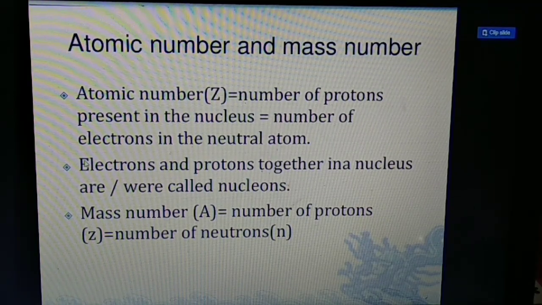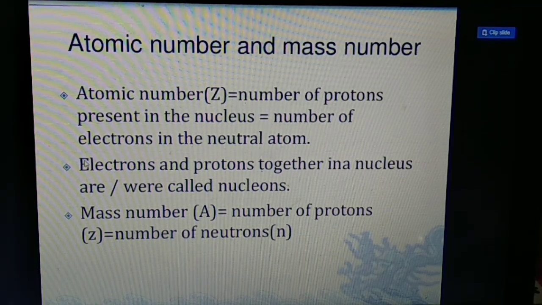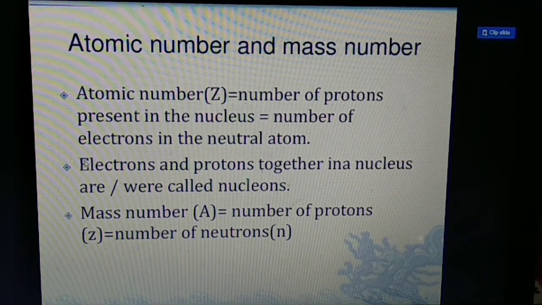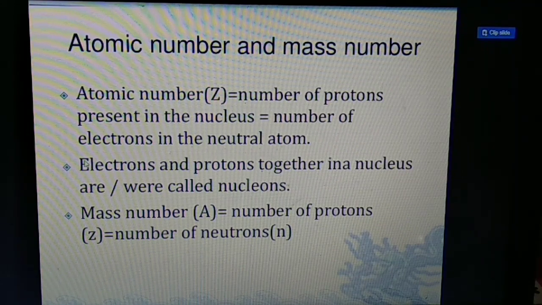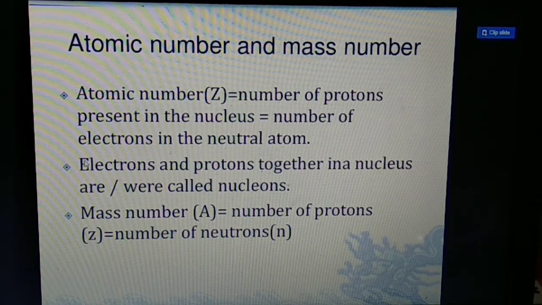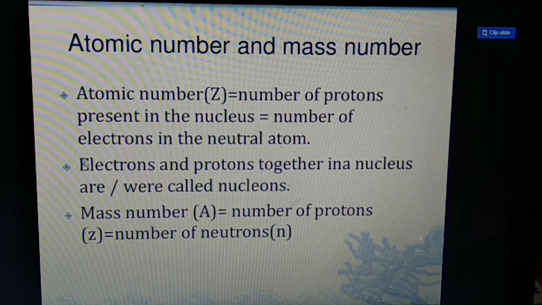Atomic number is the number of protons present in the nucleus. This is equal to the number of electrons in the neutral atom, and mass number is equal to the number of protons plus the number of neutrons.